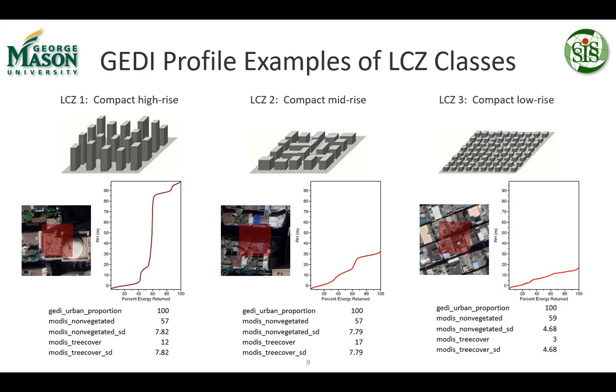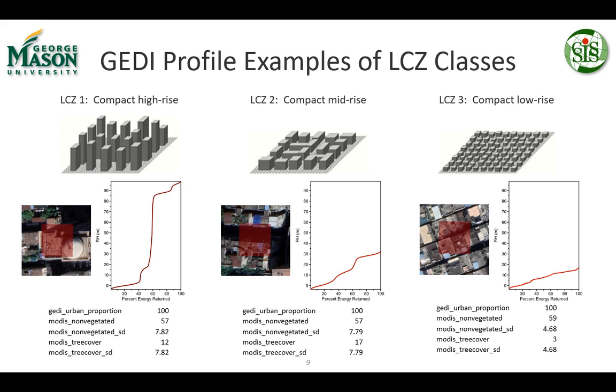And this is some example of the GEDI profile of LCZ class. For example, you have a first class, compact high rise, and we select this footprint of GEDI, and you can see that this is the energy return from the GEDI.